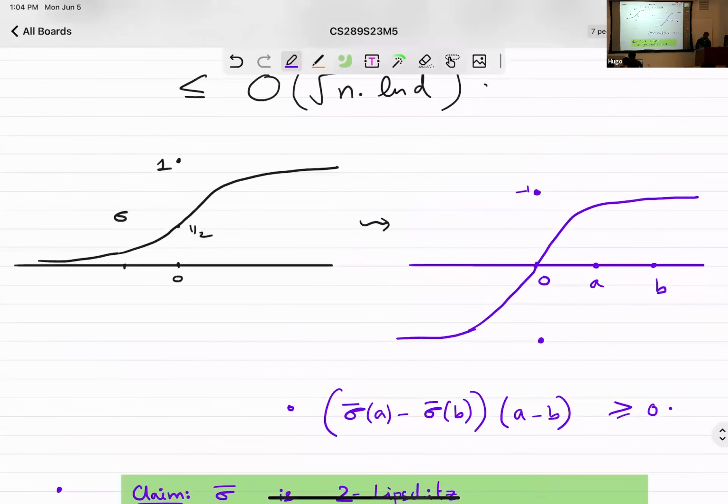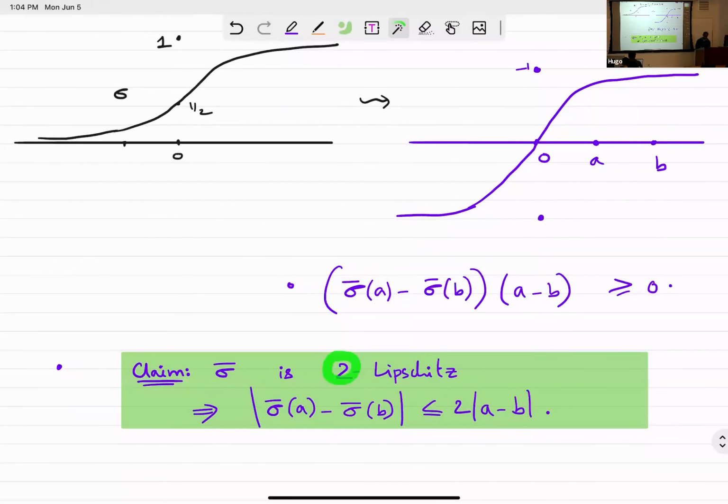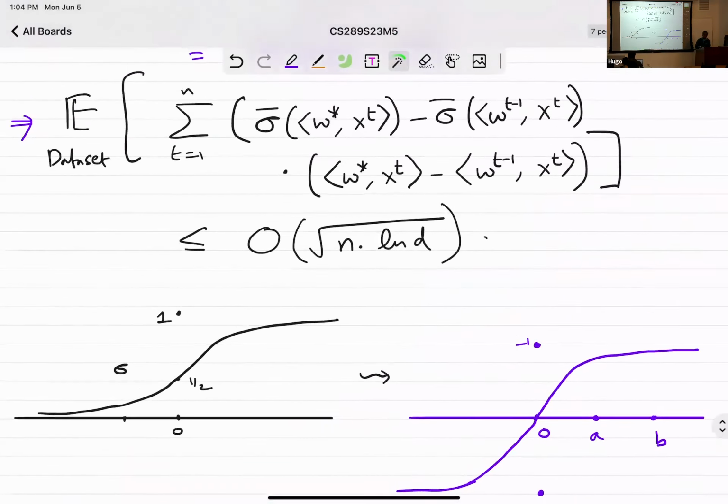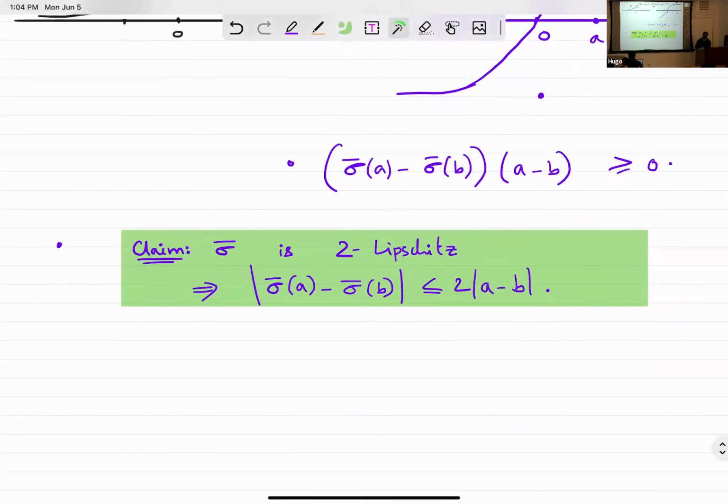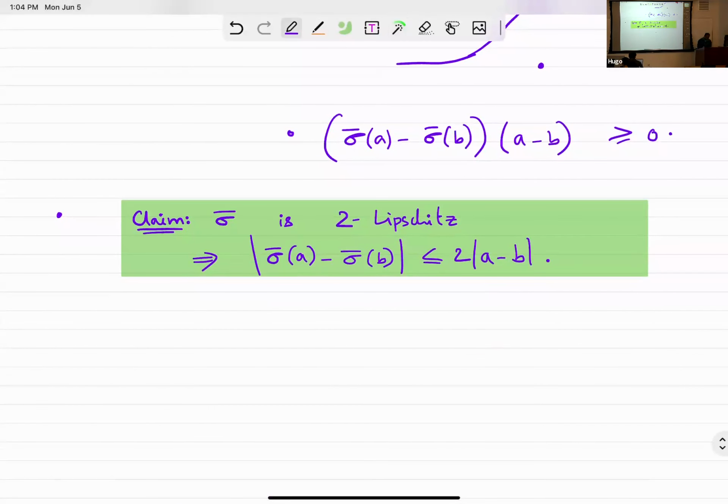In fact, the max change you will observe is near the origin, right? The slope is highest at the origin, and even there it's not that large. Okay. And there's a 2 just because it's 2 times the same. So what does this mean?